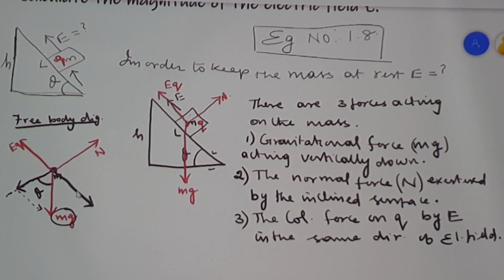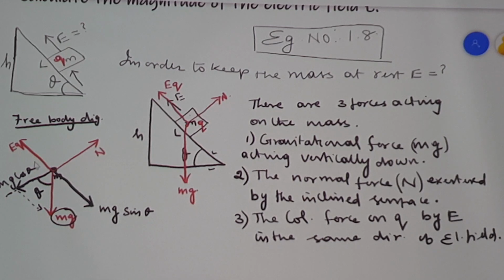The component parallel to the inclined plane we call mg sin theta, because that component is opposite to theta. Similarly, the component along the normal is mg cos theta, because that component is adjacent to the angle theta.